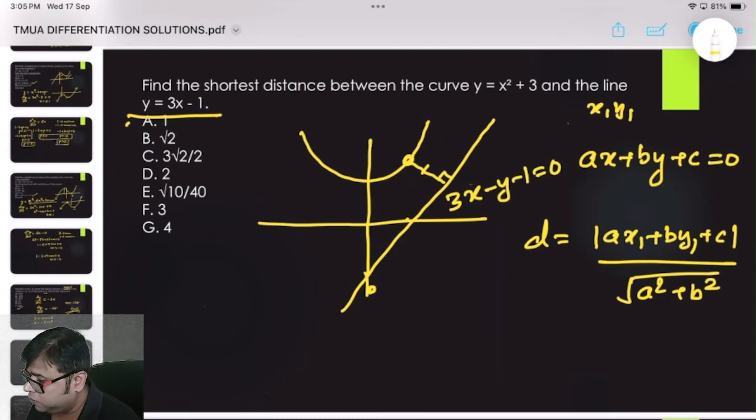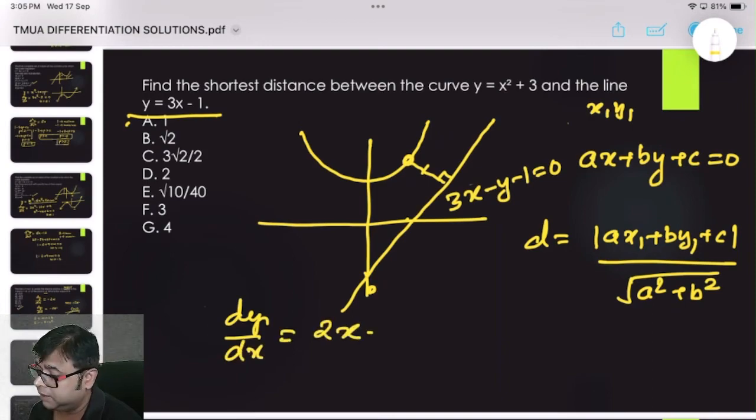So to do that, I know that dy by dx here is 2x, right? Since this is perpendicular, and if I draw a tangent here, these two lines become parallel. So if these two lines become parallel, I can say slopes are equal. So 2x I can put equal to the coefficient of x, which is 3.